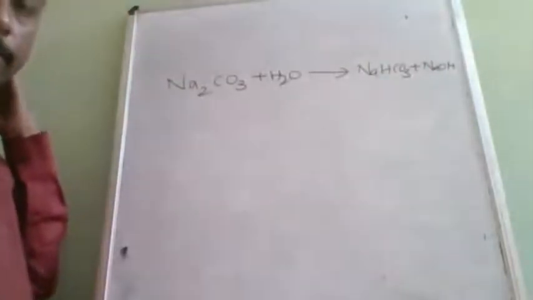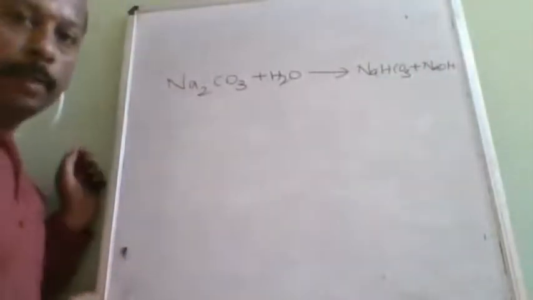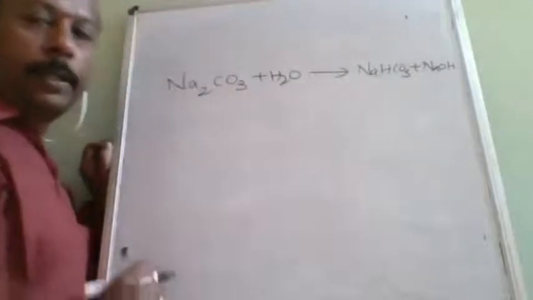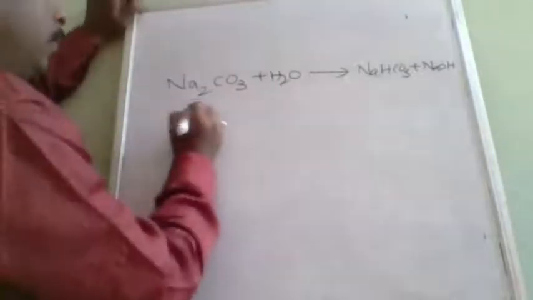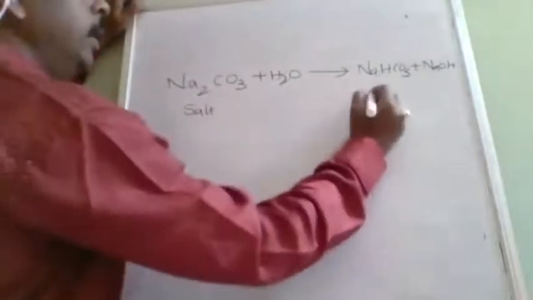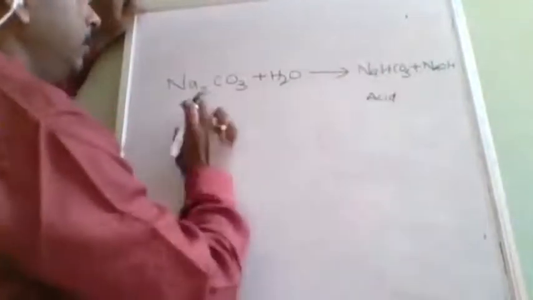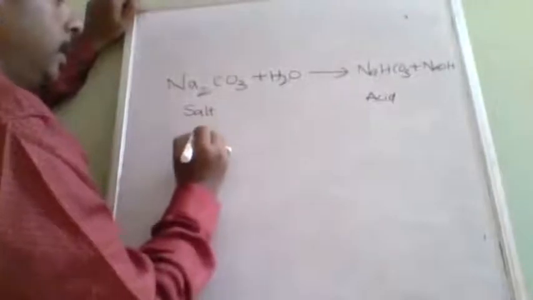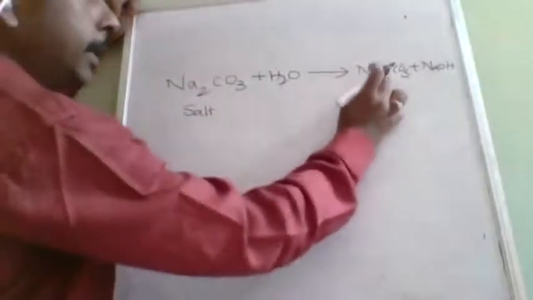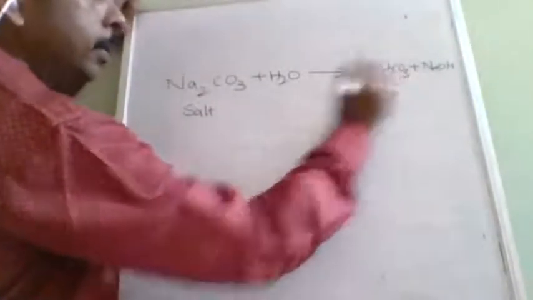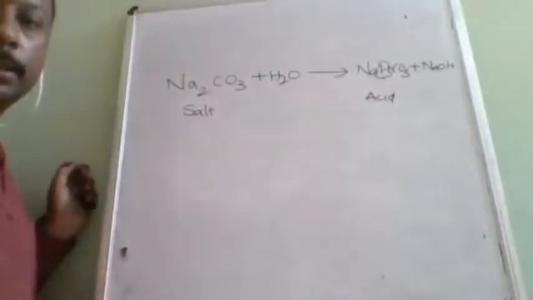NaHCO3 plus NaOH. This is mostly required for advanced exams, so you have to be very careful. Now here there is a salt and an acid. It is a salt of a weak acid, carbonic acid, and it is acidic because of this hydrogen.